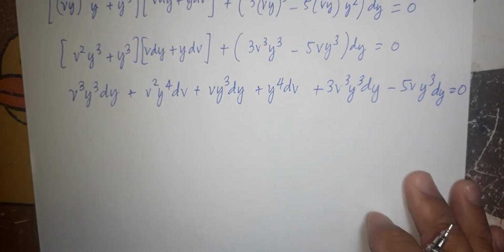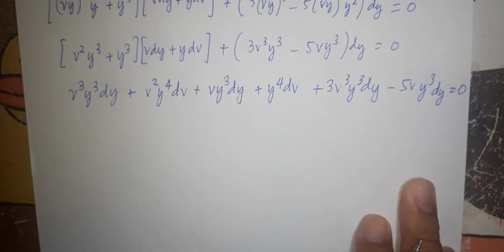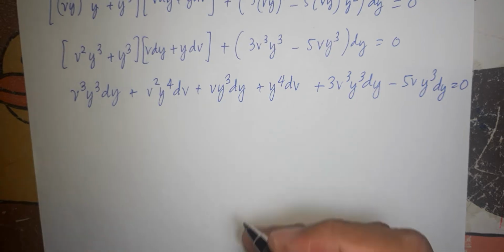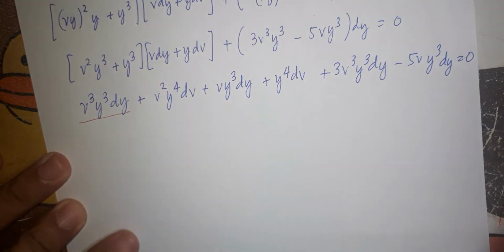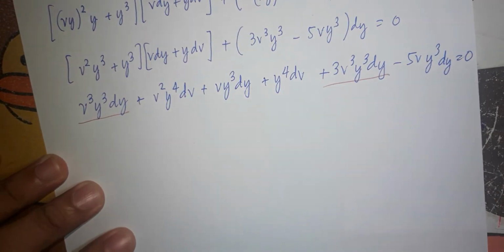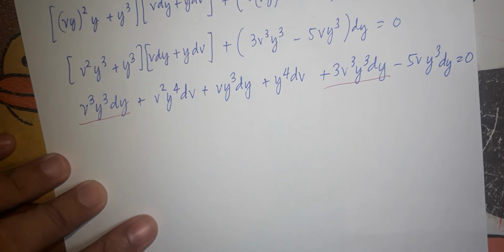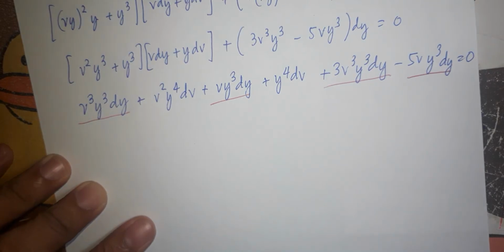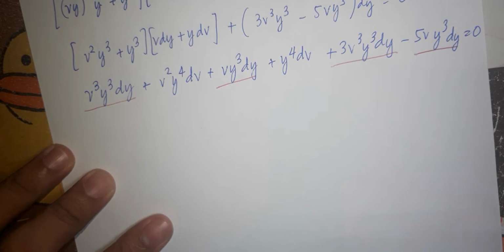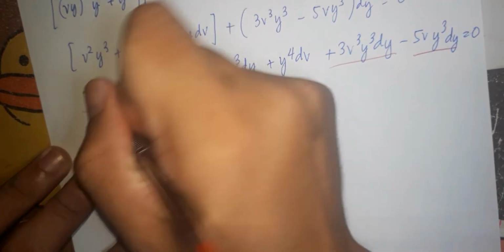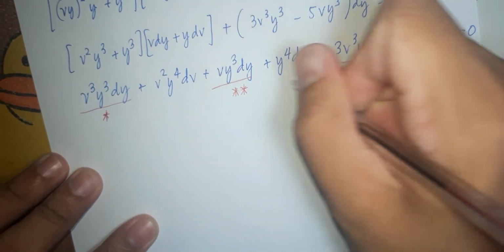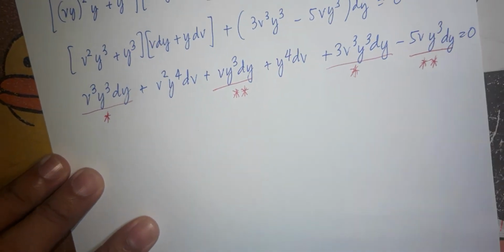Let us combine like terms kung meron. This v cube y cube, 3v cube y cube, pwede natin siyang pagsamahin. This vy cube dy and then negative 5vy cube dy. So let us try to combine those terms. So lagyan muna natin ng tanda, asterisk, dalawang asterisk.